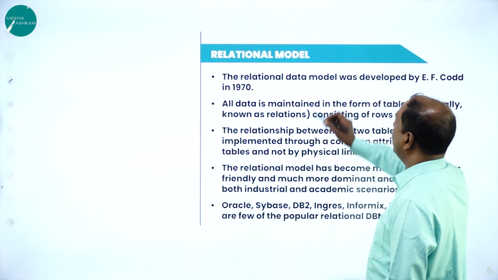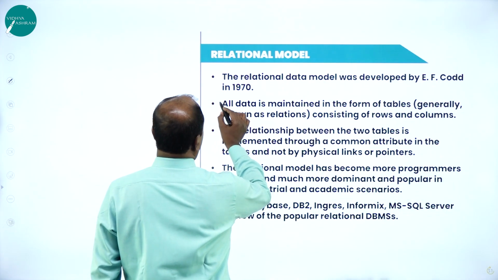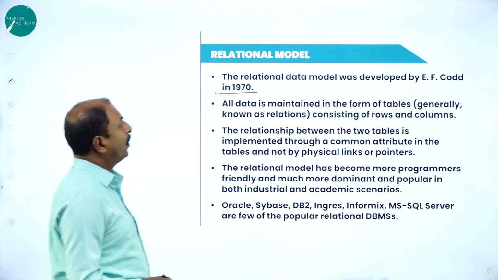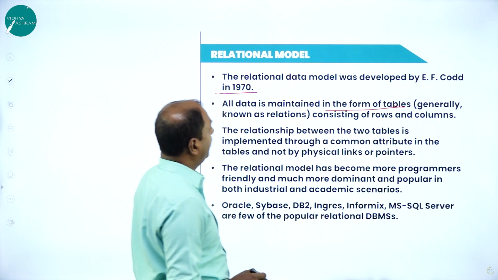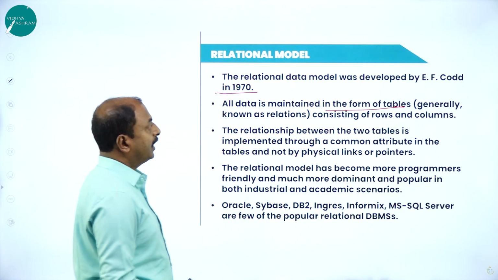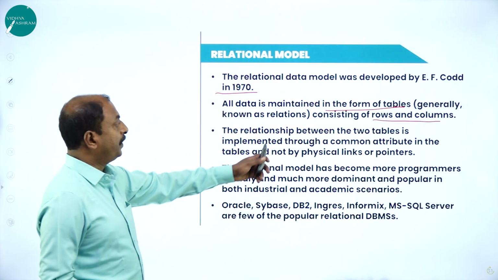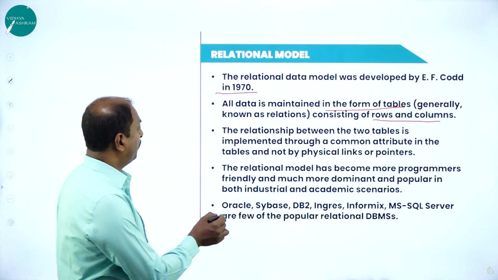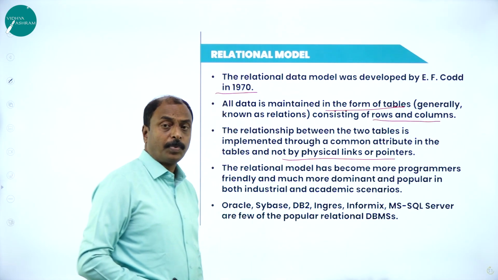Next one is the relational model. The relational model was developed by E.F. Codd in 1970. Here all data is maintained in the form of tables, known as relations, consisting of rows and columns. The relationship between the two tables is implemented through a common attribute in the tables and not by a physical link or pointer.